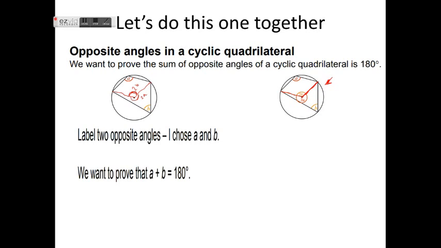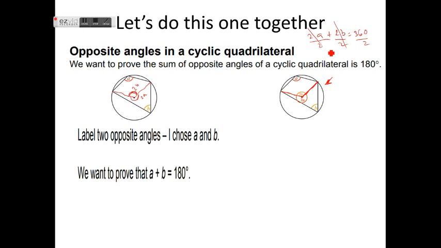Okay, here we're at the center of the circle, so we are working out of 360 degrees. That's the amount of angles at a point. So I'm going to write here 2A plus 2B equals 360 degrees, because they're angles at a point.